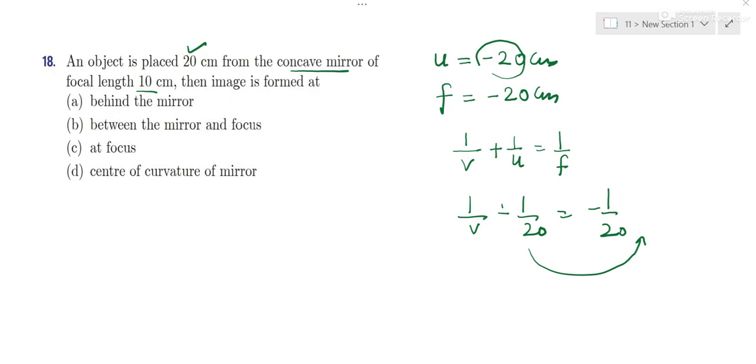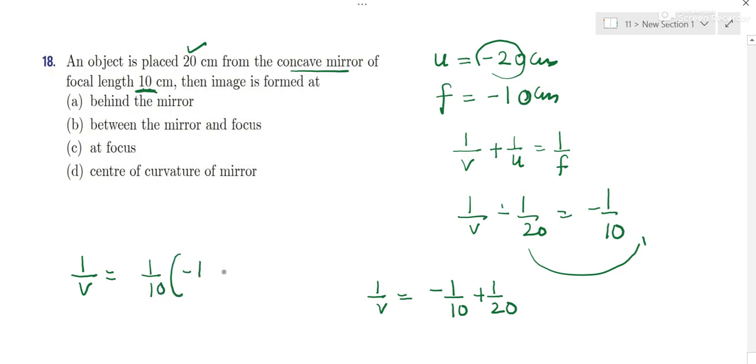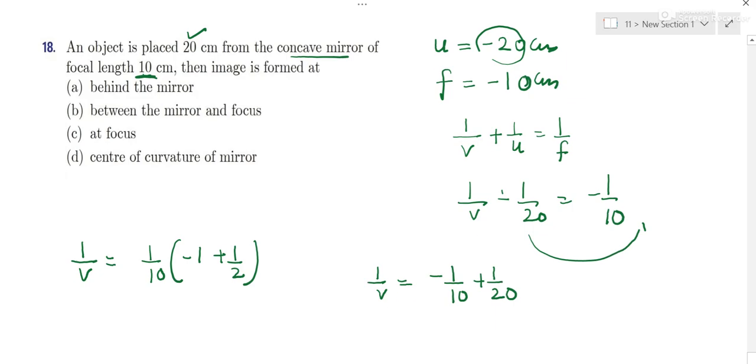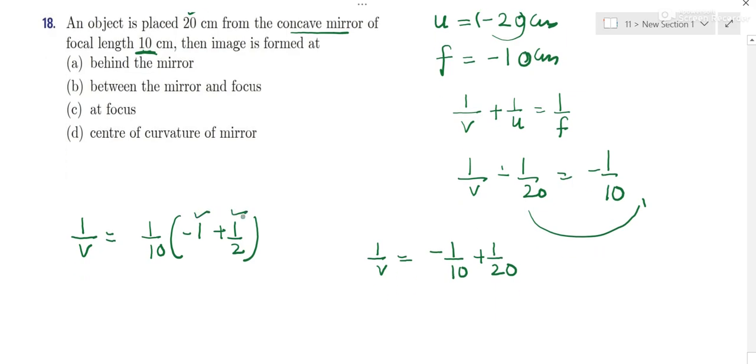You can see that I have written the focal length wrong. It is 10. So 1 by v is equal to minus 1 by 10 plus 1 by 20. Take LCM or take common. I am taking 1 by 10 common. So it is minus 1 plus 1 by 2. So 1 minus a half is a half.